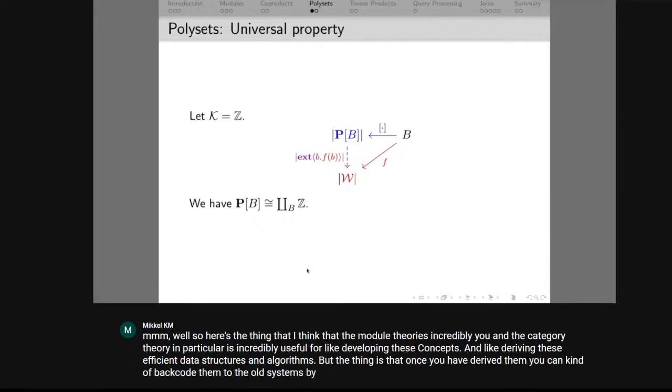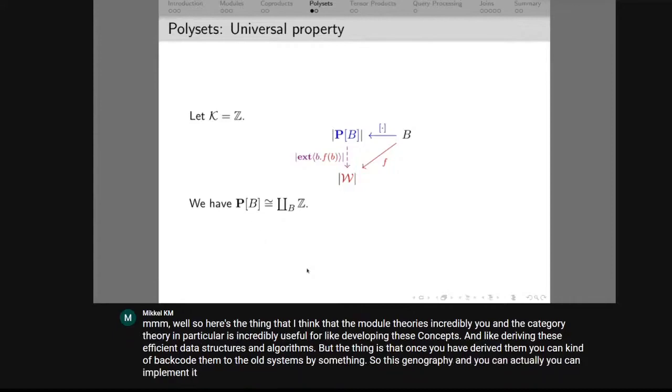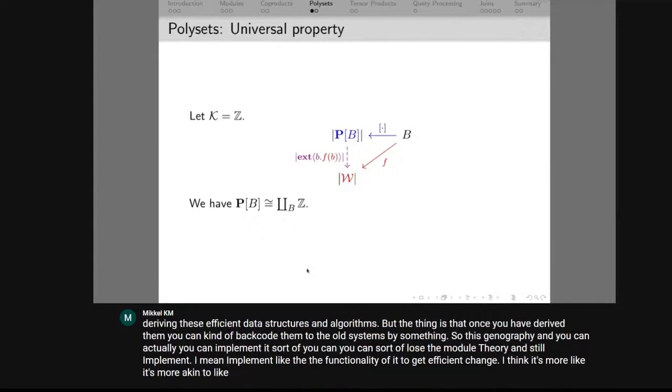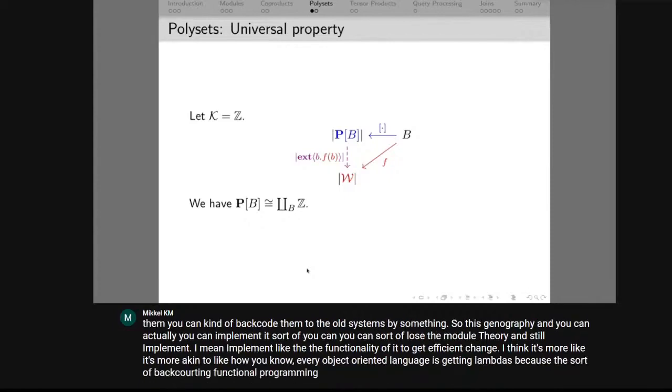So this join algorithm, you can sort of lose the module theory and still implement the functionality of it to get efficient joins. So I think it's more akin to how every old object-oriented language is getting lambdas because they're backporting functional programming features. Kind of the same thing, I think.